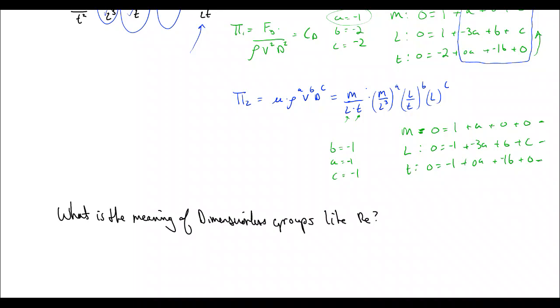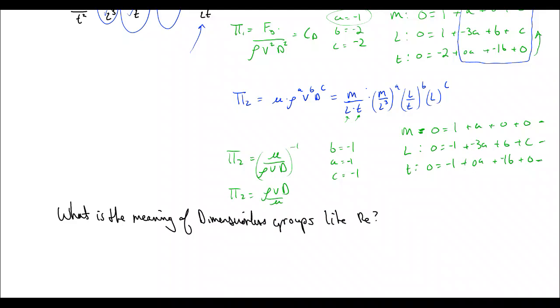So all three are equal to negative 1, which tells us that our pi 2 is equal to mu divided by rho v d. Now, this is still the Reynolds number. It doesn't matter that this is basically the inverse of the Reynolds number, but we could raise all of this to the negative 1, in which case pi 2 is equal to rho v d over mu, and it's still dimensionless, right?